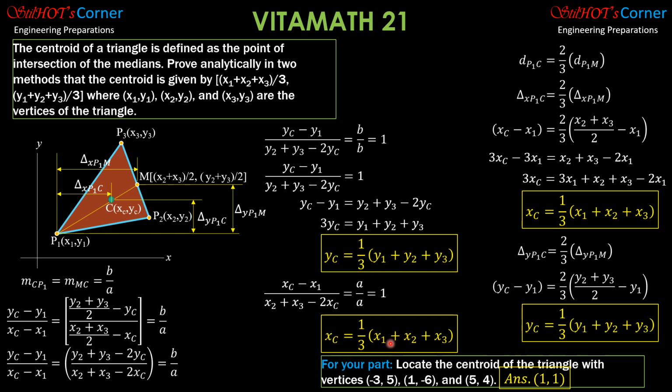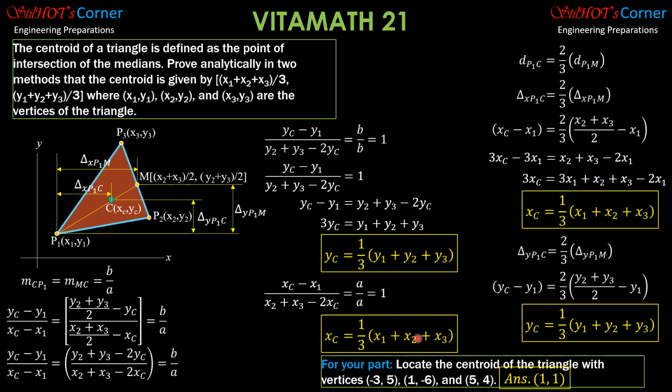And another thing is, since the centroid is simply the point of intersection of the medians, based on this definition, I want you to find the equations of two medians, and I hope you can find that equation of a line. That's just the equation of a line.